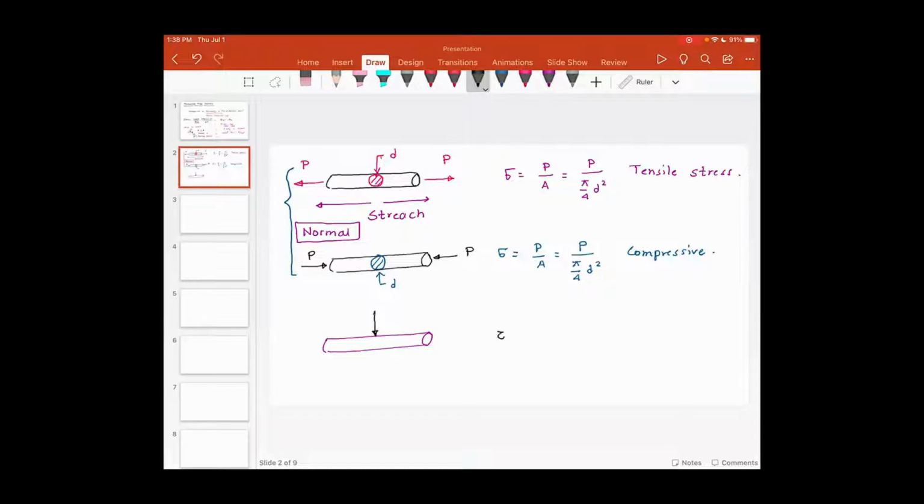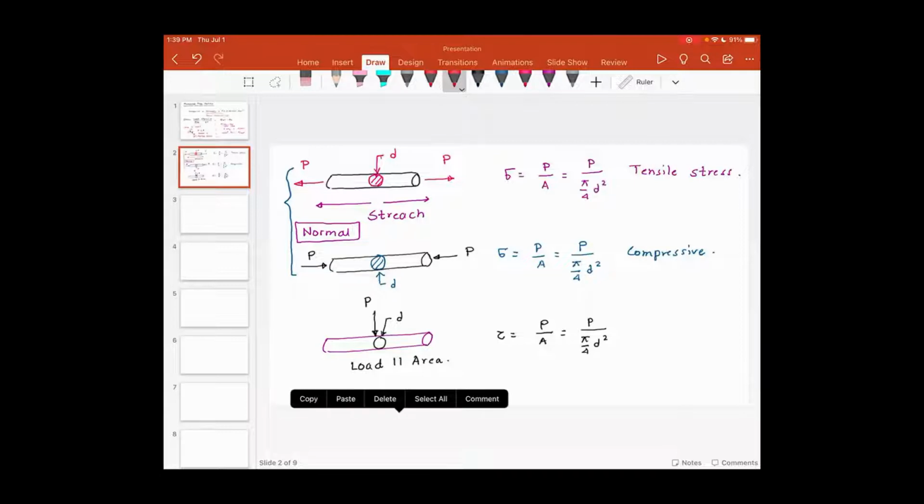In this particular case, the load is parallel to the area. And again, the equation is P divided by A, which is P divided by pi by 4 D square, since the diameter is D. This is the load, but this is going to give rise to something called the shear stress.